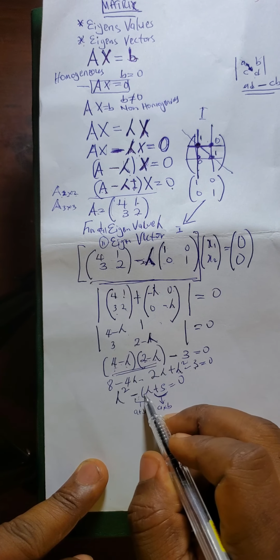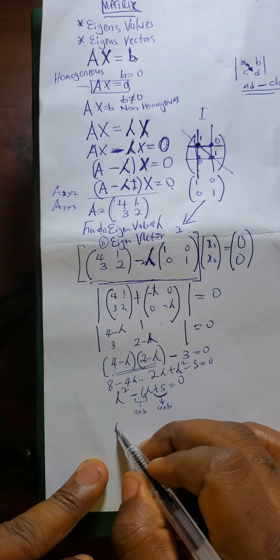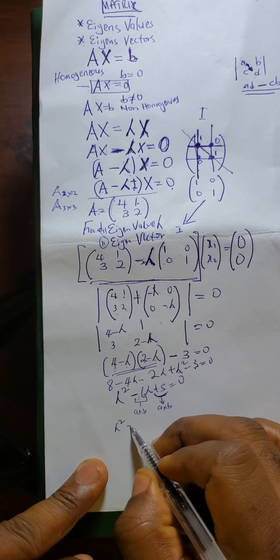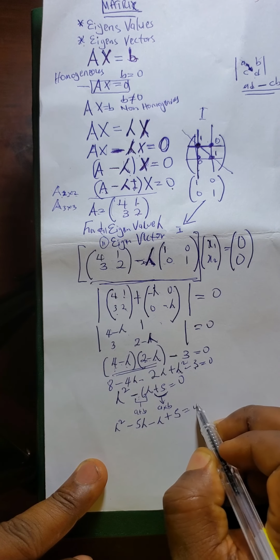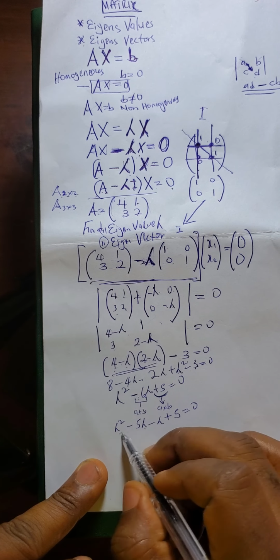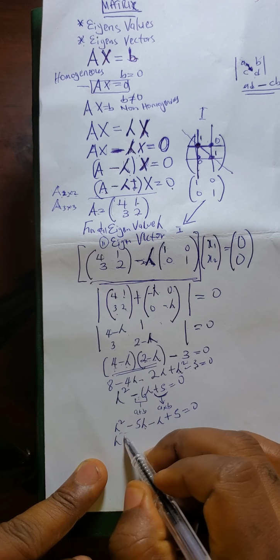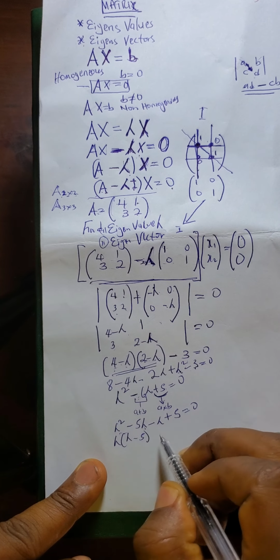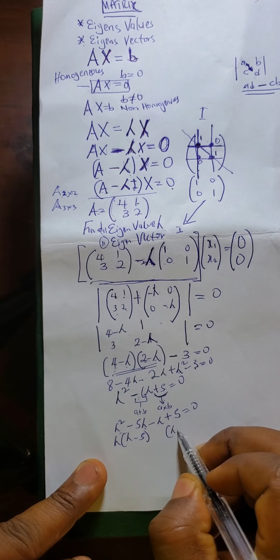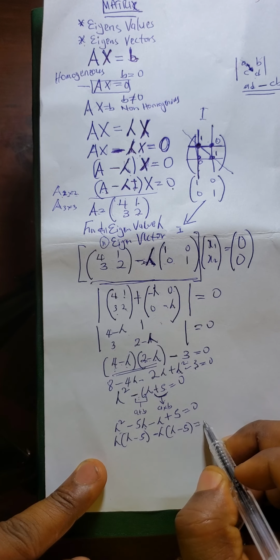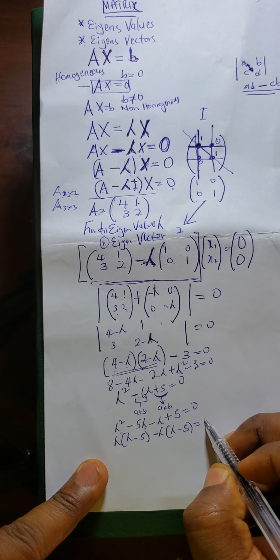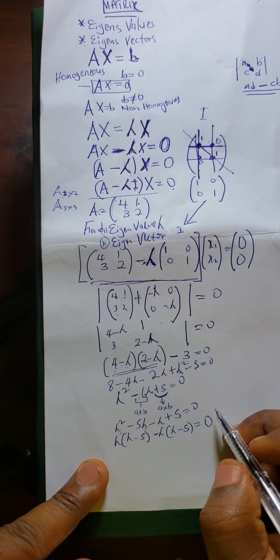So instead of writing minus 6 lambda, we write lambda square minus 5 lambda minus lambda plus 5 is equal to 0. So we factorize lambda out here: lambda bracket lambda minus 5. Here too, we factorize out minus 1, leaving lambda minus 5, and this is equal to 0.